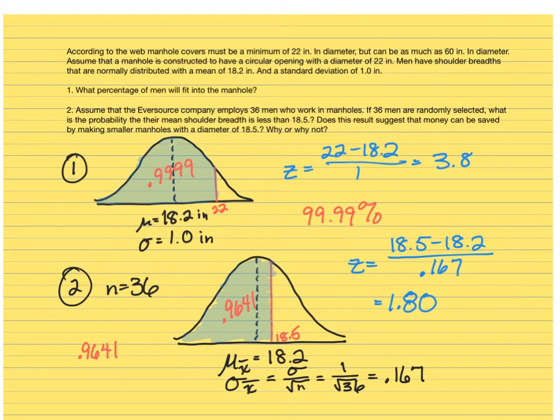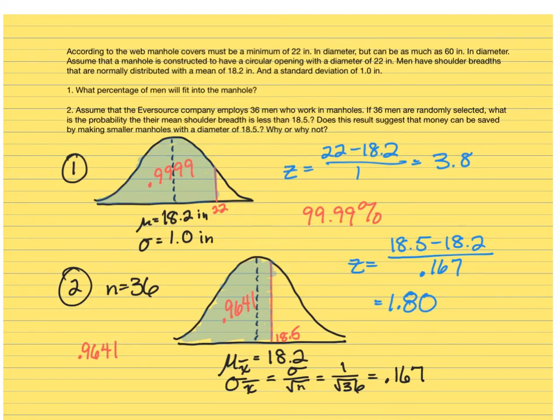Yes, you might know the average width is 18.2. But that doesn't paint as complete a picture by itself without finding these areas. And so you can say things like 96% of men will fit into a manhole that's 18.5. When we're talking about groups of 36, that's the other thing.